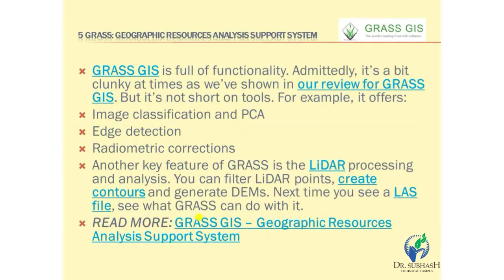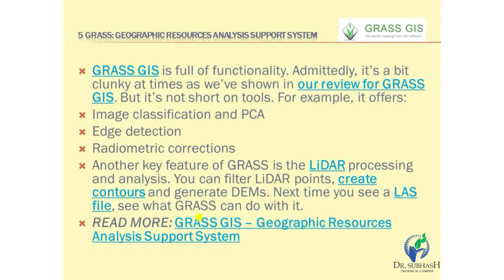Next is the Geographic Resources Analysis Support System, GRASS. It is also called GRASS GIS. It has full functionality. Admittedly, it is a bit clunky at times, as we showed in our views of GRASS GIS. But it is not short on tools. For example, it offers image classification and PCA.